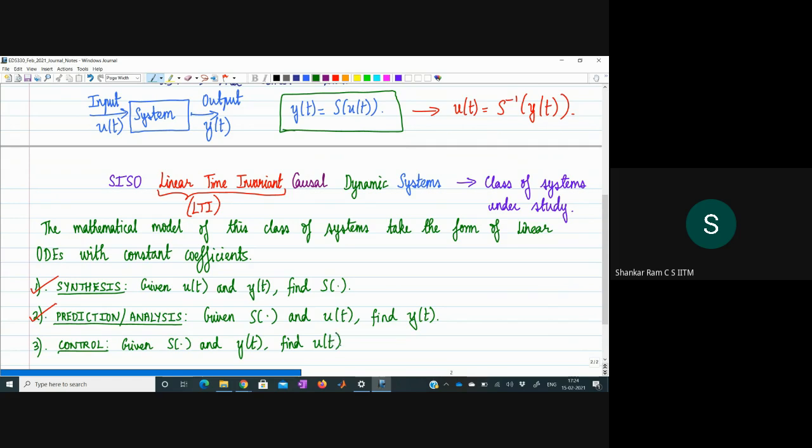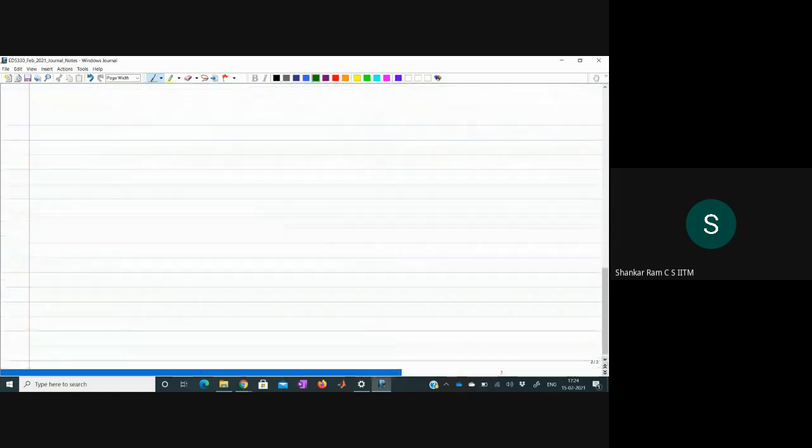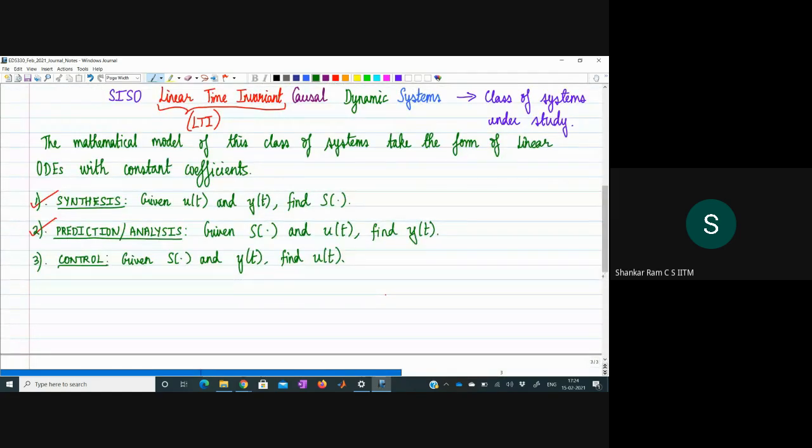That is going to be the objective of this course, and that is the problem of control. As we just discussed, suppose we have a vehicle which needs to be autonomously operated, and we are trying to figure out what steering angle should be given as input to maintain a certain heading. We are solving the problem of control, and that's what we are going to learn in this course.